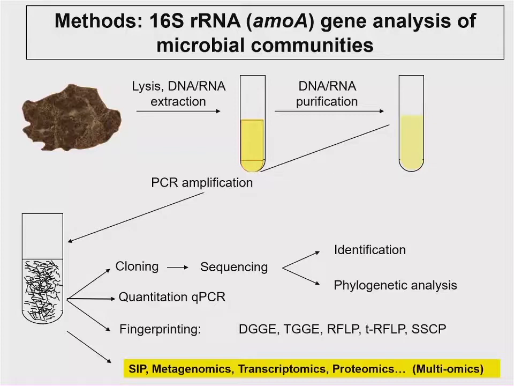For example, if the DNA is not enough for further analysis, we can make many copies of the same DNA, and then we further do qPCR to quantify how many gene copies of the DNA there are. And also we can do cloning and sequencing and then identify the microbes in the soil.